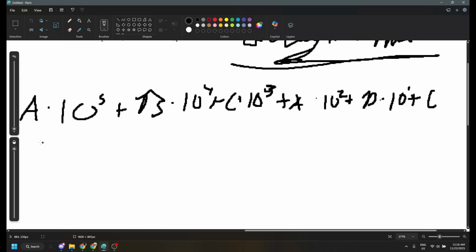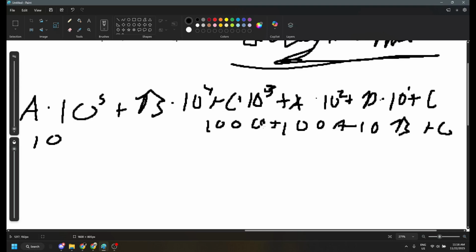Okay. So this is C plus 10B plus 100A plus 1000C plus 10,000B plus 100,000A.